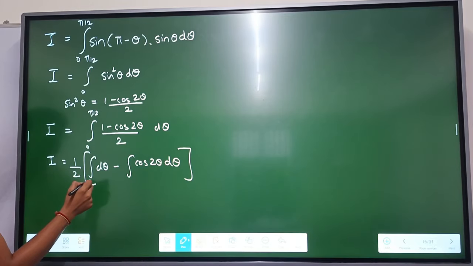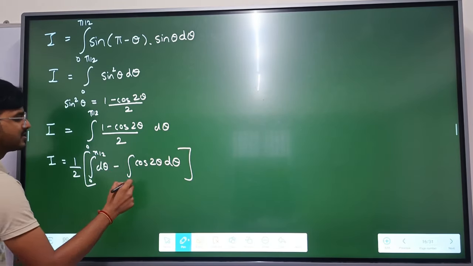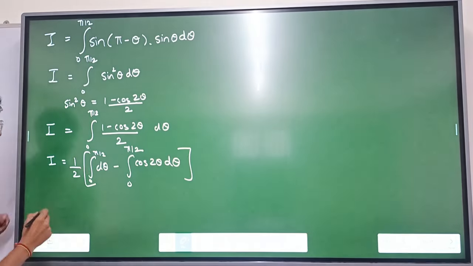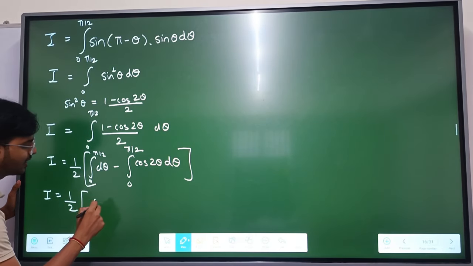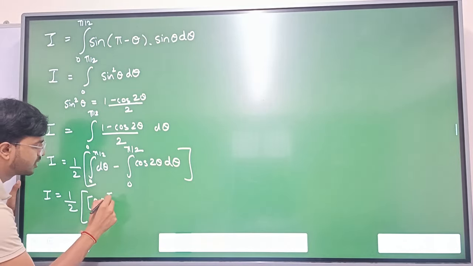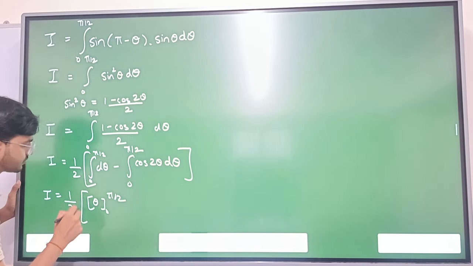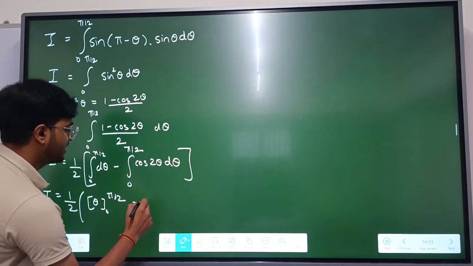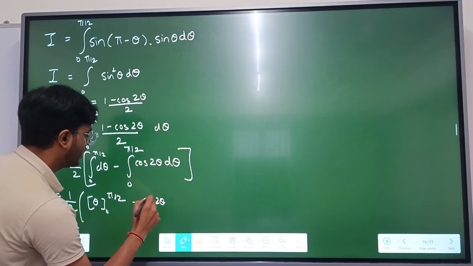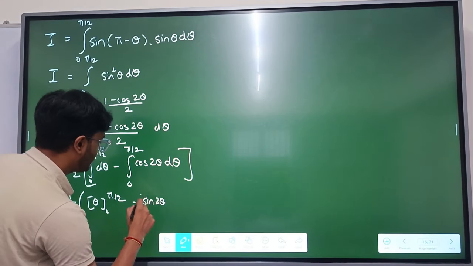Limits from 0 to pi by 2, limits here also from 0 to pi by 2. So I would be 1 by 2. Integration of d theta is theta from 0 to pi by 2, and integration of cos 2 theta is sin 2 theta again from 0 to pi by 2.